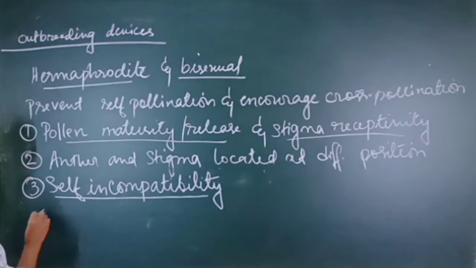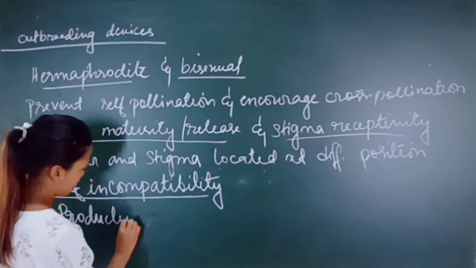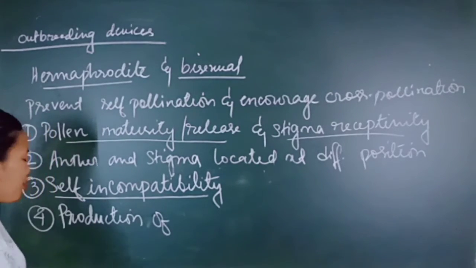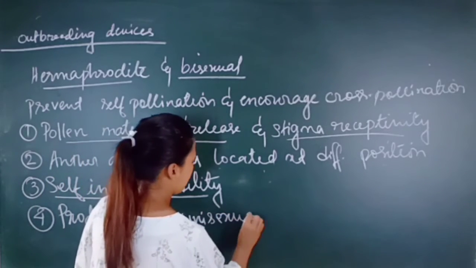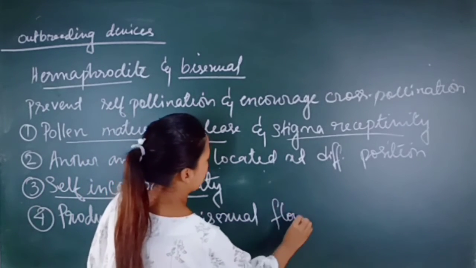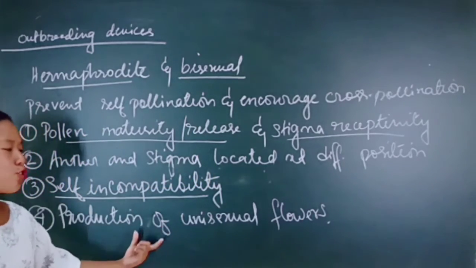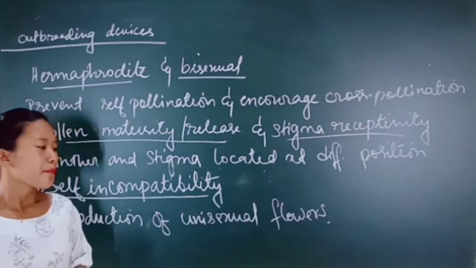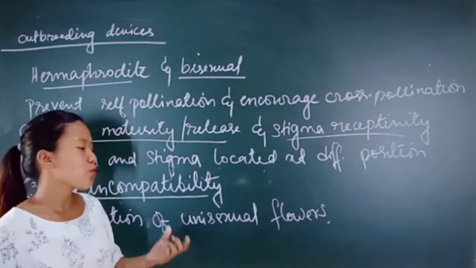Now the fourth one is production of unisexual flowers. The flowers are adapted to produce only unisexual flowers. That means a flower in which only one sex will be present.